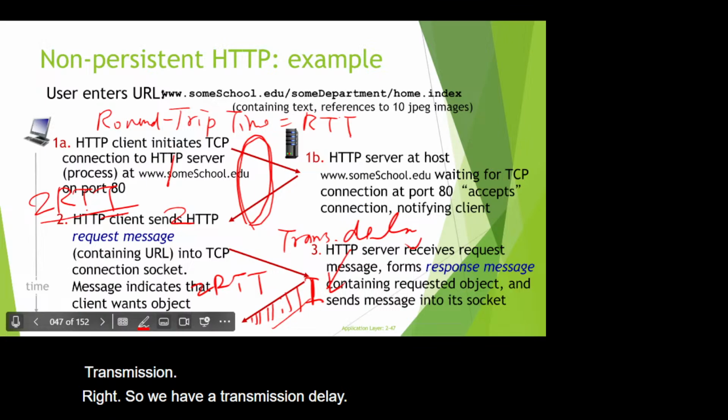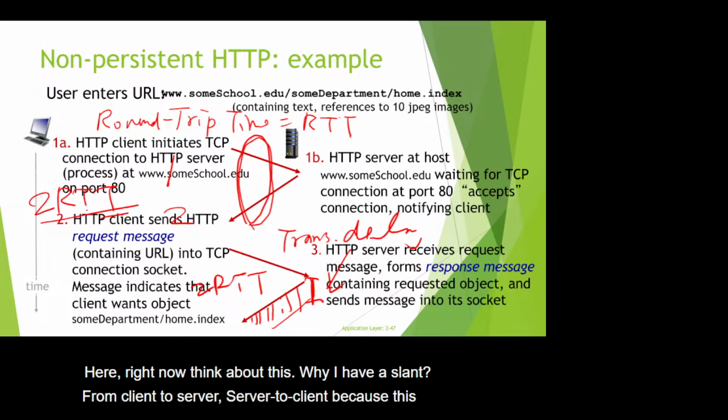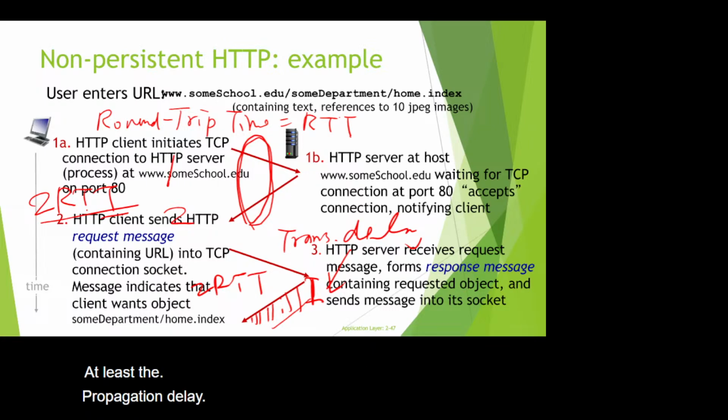Now think about this: why do I have a slanted line from client to server, server to client? Because this indicates RTT, which is at least the propagation delay, and at most the delay of propagation, queuing, and processing.